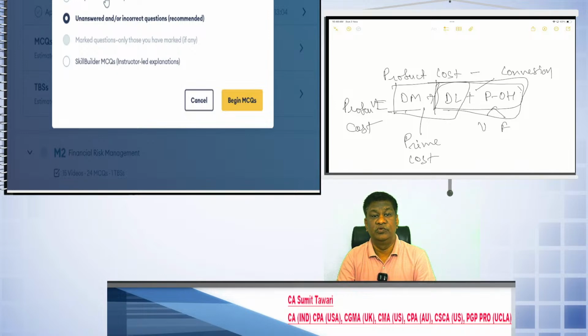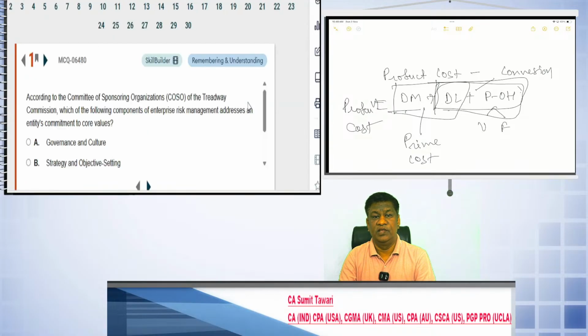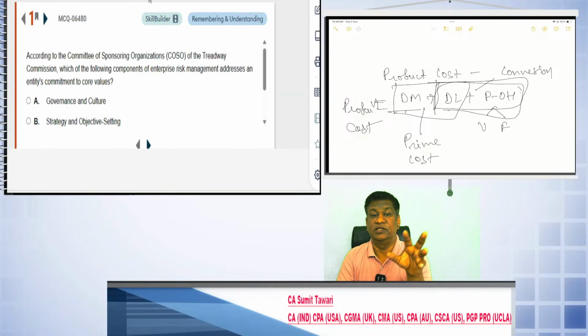This way you need to use it. You can begin the MCQs, and this is basically the format as per the way you get in an examination. Okay, so you need to solve this on your own.